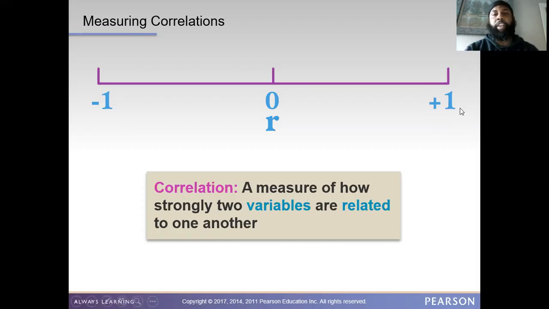A correlation of +1 in the natural world means that two variables are perfectly correlated with one another. It means that 100% of the time, whenever a variable goes up, the other variable that it's being associated with also goes up.